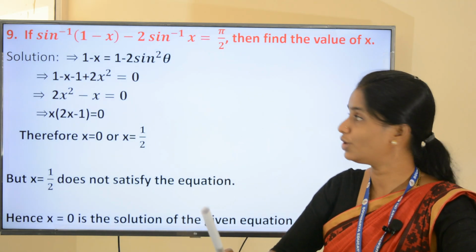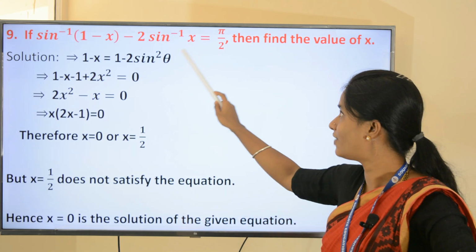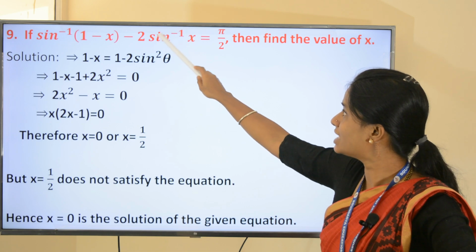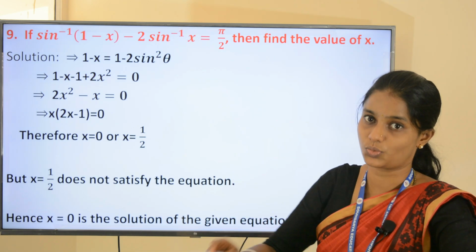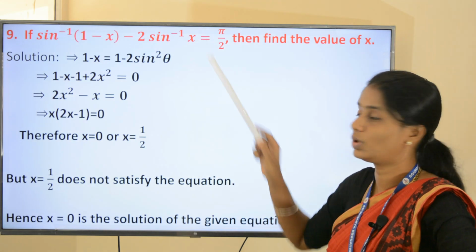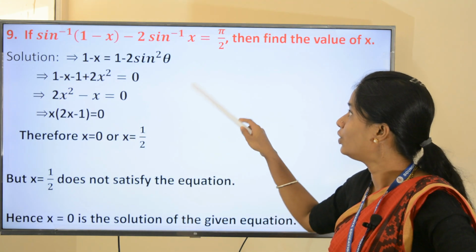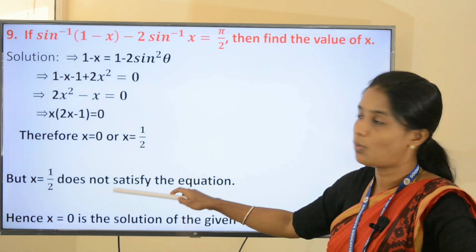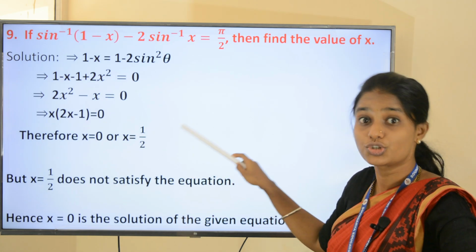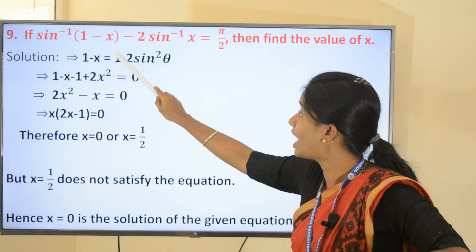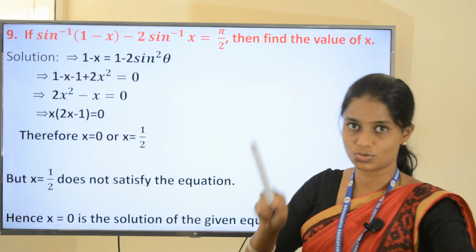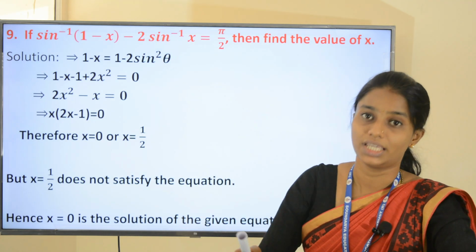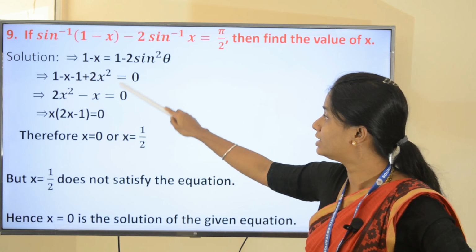Okay, please observe in this problem, students, initially we have considered the given equation, then we have substituted sine inverse x can be replaced with theta, therefore x is equal to sine theta. Then we have replaced the entire expression. Then finally we got 1 minus x is equal to cos 2 theta. Cos 2 theta we have replaced with 1 minus 2 sine square theta. Then sine square theta we have replaced with x square. Then we have solved this expression.